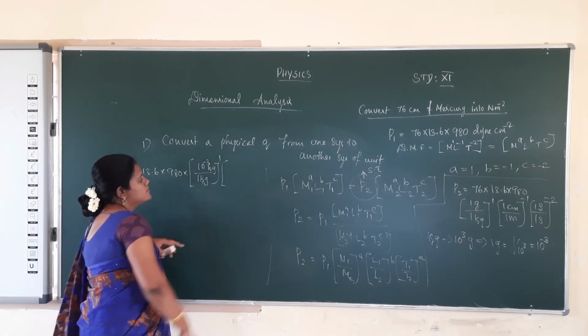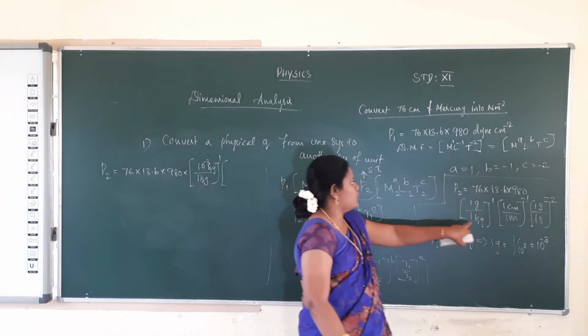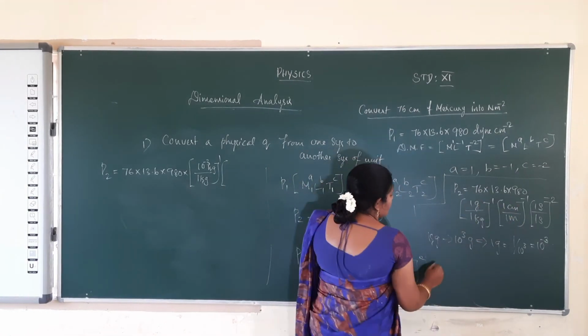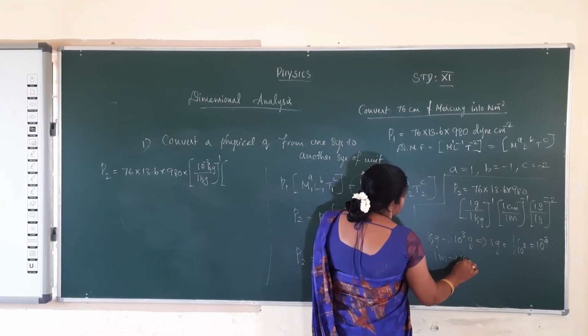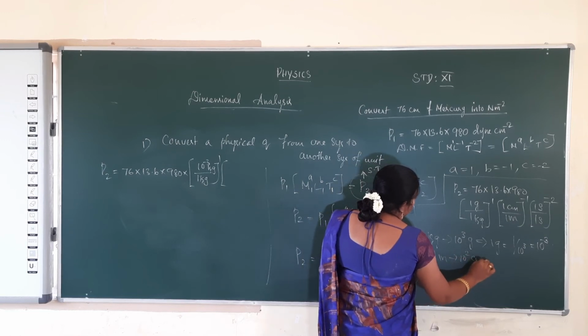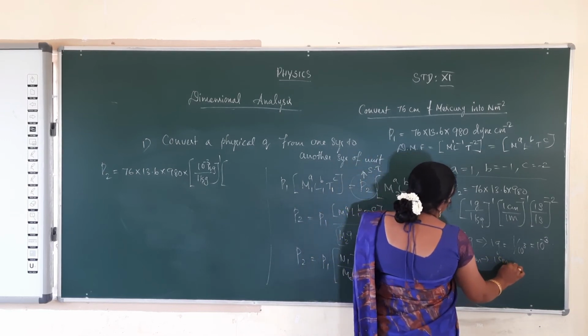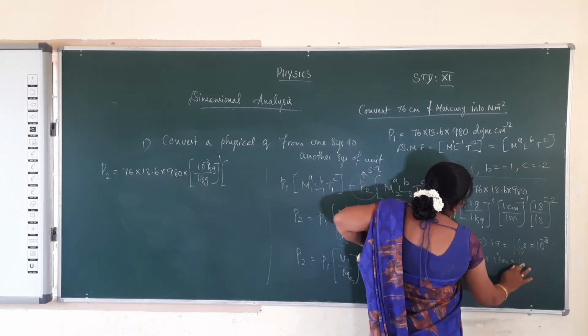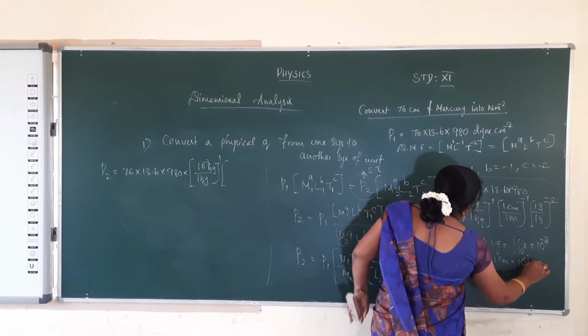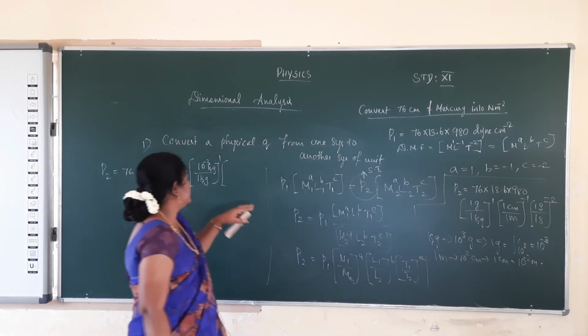Then centimeter will be converted into meter. 1 meter is equal to 100 centimeters, that is 10 square centimeter. But we want centimeter, so 1 centimeter is equal to 10 power -2 meter.